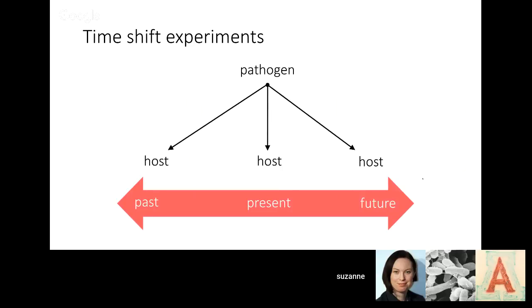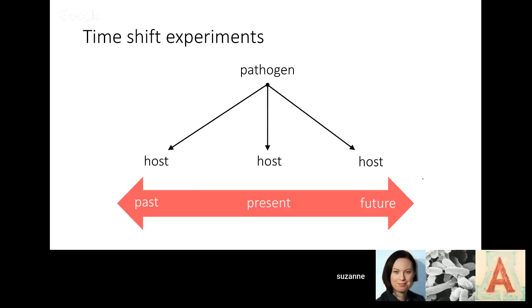What basically happens here is that you take a pathogen from a certain time point and you infect it into a host that it has seen from its past, from its present, and also from its future. So as you can tell from this, it's not really an experiment that can be done in most systems because you need to have access to hosts and pathogen populations throughout evolutionary history. So it's a little tricky.